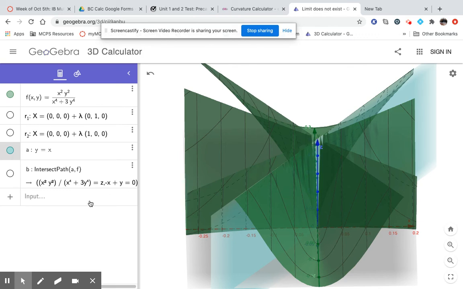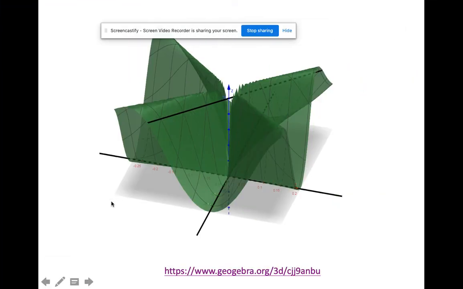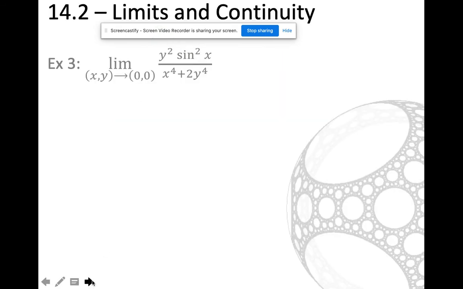So the overall limit did not exist. I bumped bellies from the right to the left, from the up, the down, if you will. But when I went diagonally, I ended up here. Not bumping bellies.